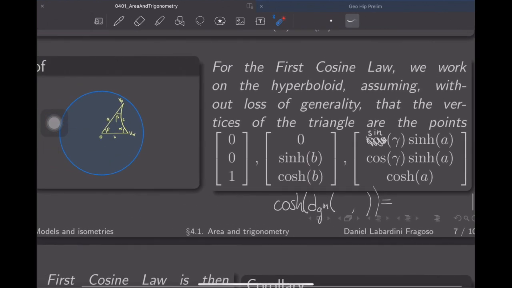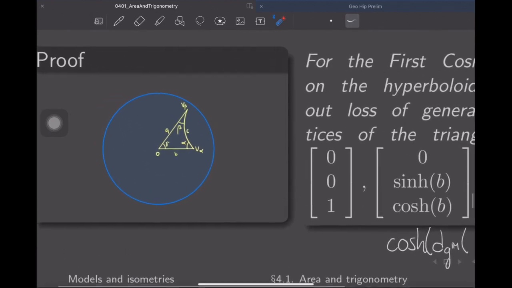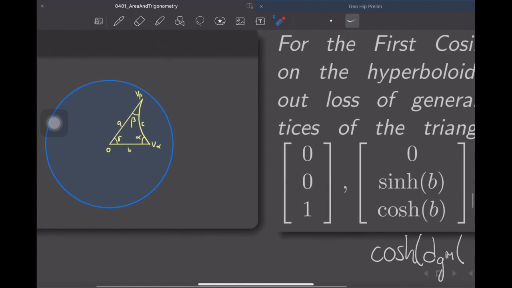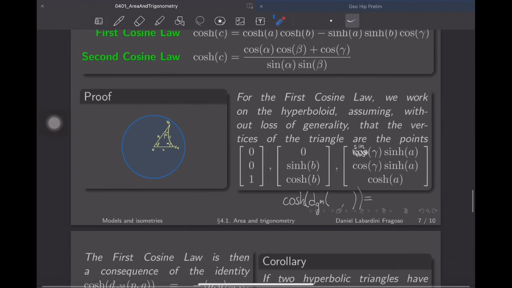Well, the point is that it's precisely C, because it's the opposite to gamma. And here, gamma is precisely the one I used in order to rotate.